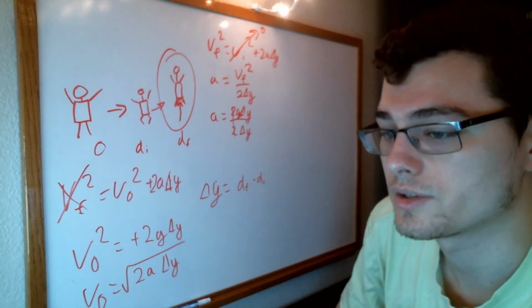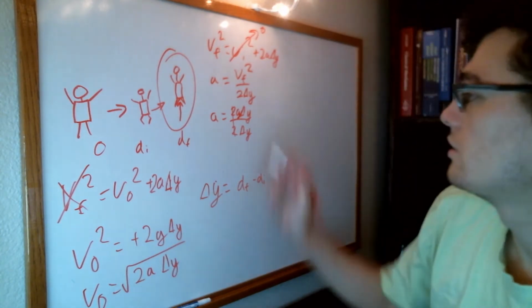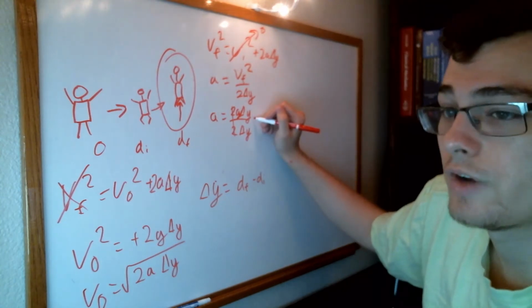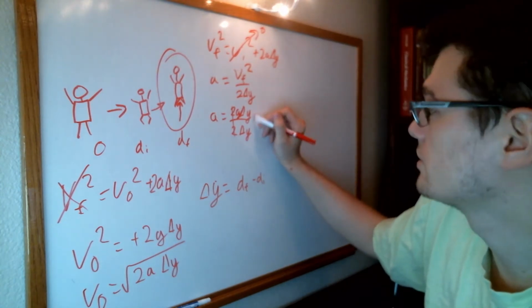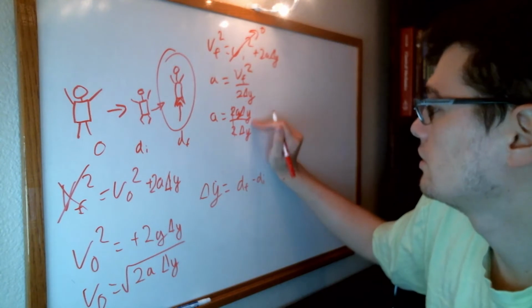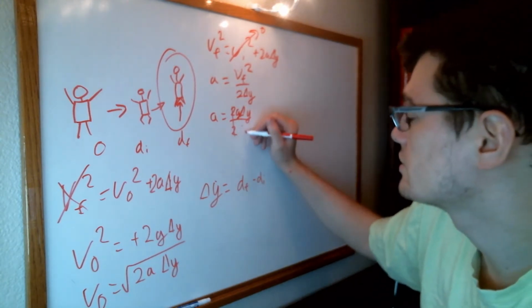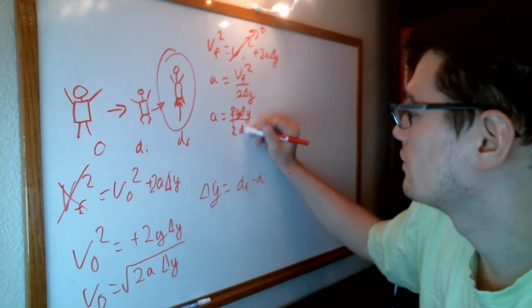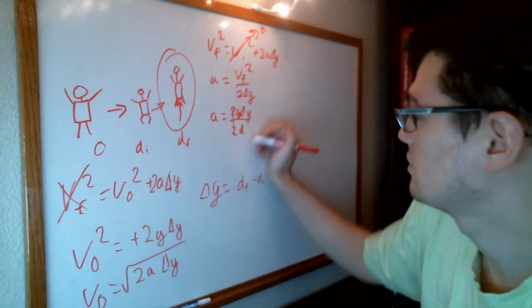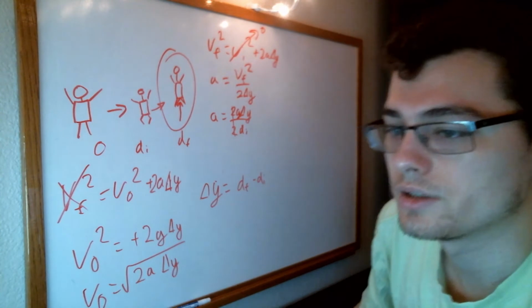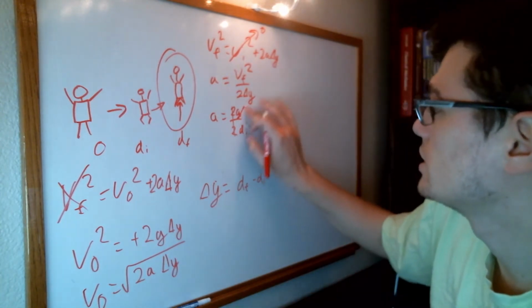And then this is going to be your final height here, and this is going to be the initial height that you're given. So we can erase this and say that this is going to be DI here, and you can say that this one is going to be DF.